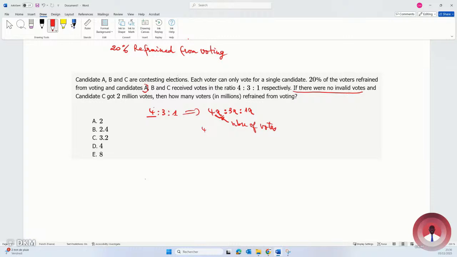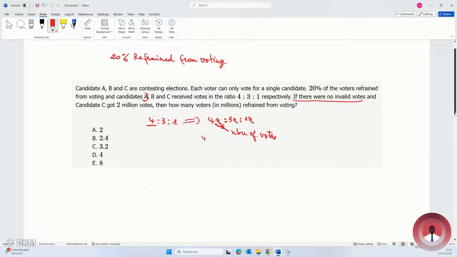And here is also a very important sentence. If there were no invalid votes, so all the votes were valid, so all the votes have to be taken into consideration. And candidate C got 2 million votes. Then how many voters refrained from voting?